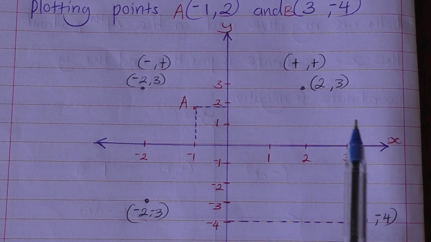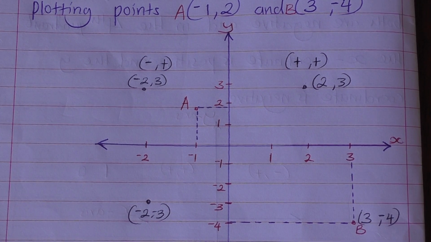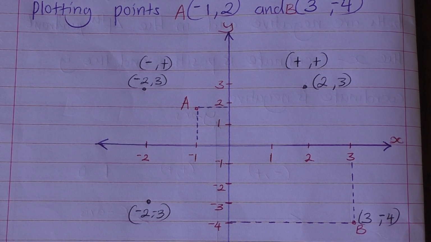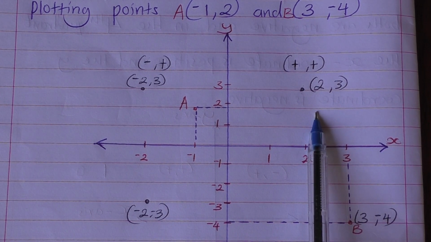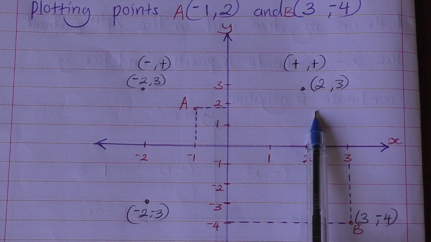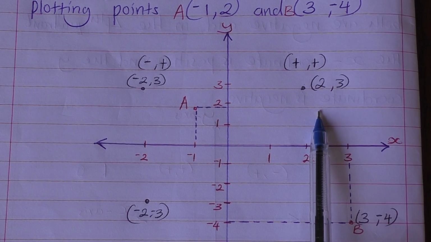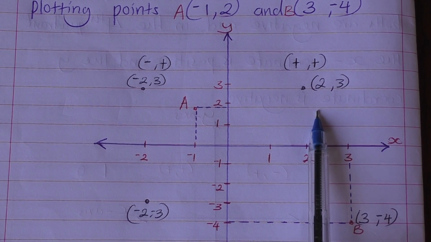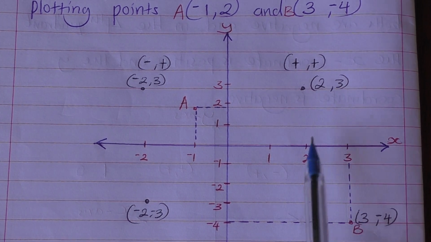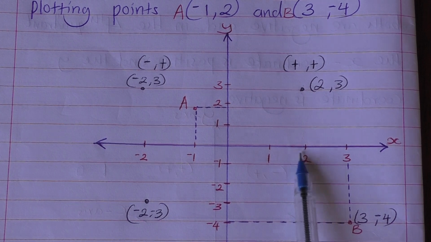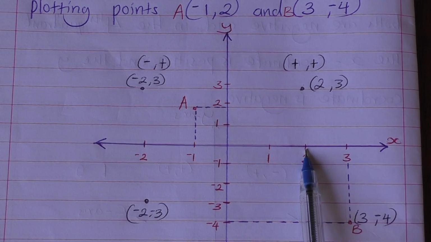For instance, if we are to plot a point that has both x and y coordinates positive, that one will go in the first quadrant. It's because it's the quadrant where both x and y coordinates are positive. For instance, we are plotting 2, 3. You come to the x-axis and locate 2.